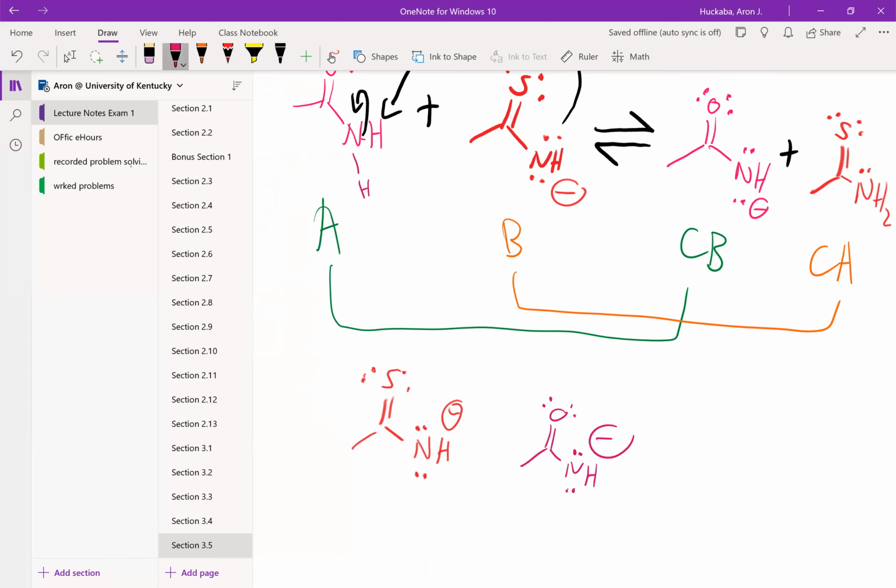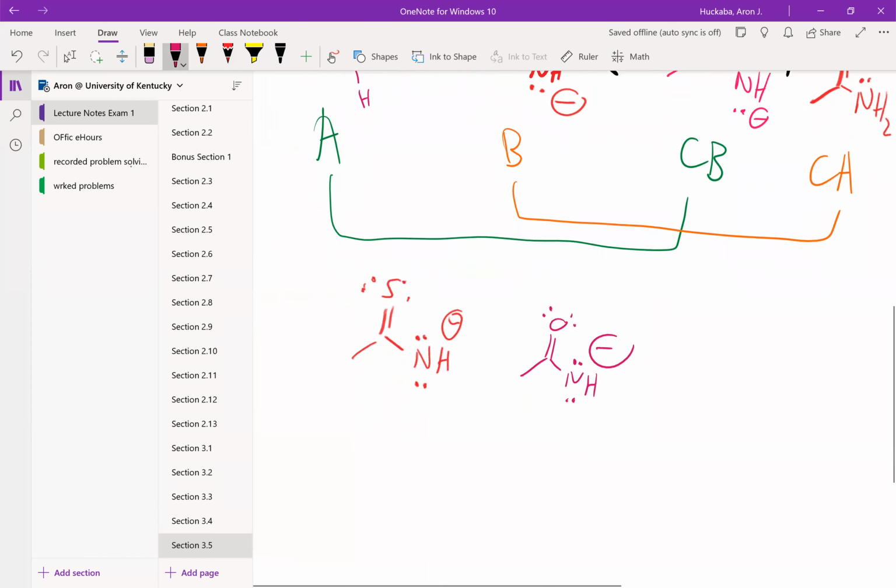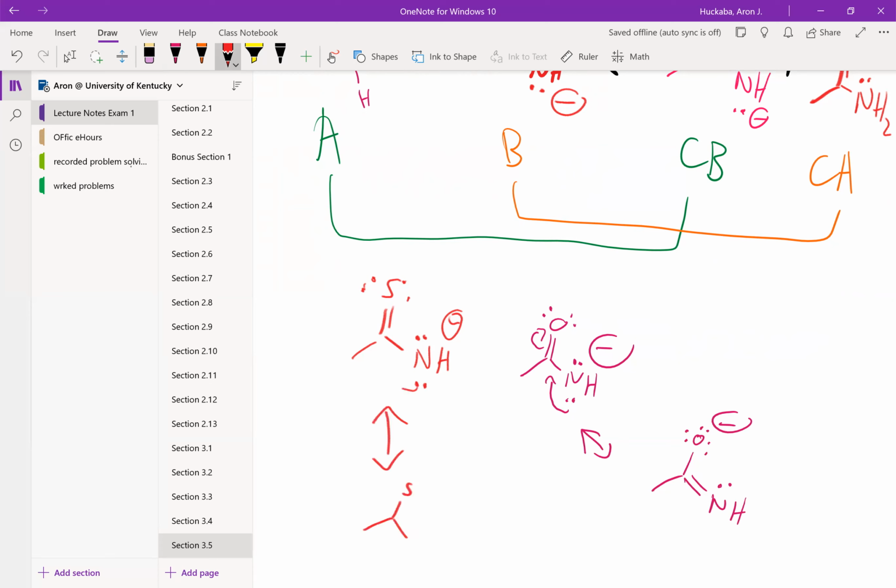So let's see. In this first one, the resonance form could be like this. There we are, with the minus charge on the oxygen. And for the other, similar resonance form, the minus charge is on the sulfur.